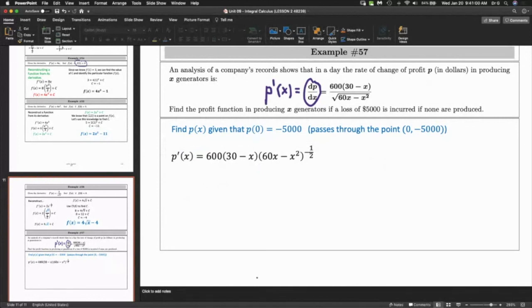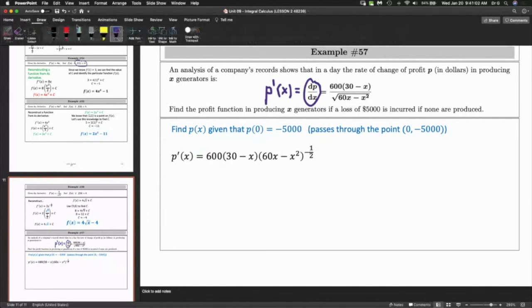So just to be clear, the original question, this thing here is the same thing as this. Okay, all the yellow stuff is the same. I'm just writing it more pleasant, a little bit easier to do our work shortly. So now we need to actually reconstruct the original function.